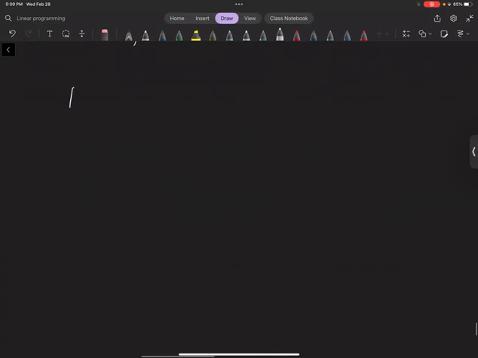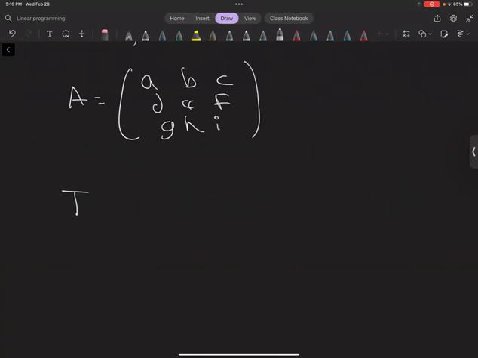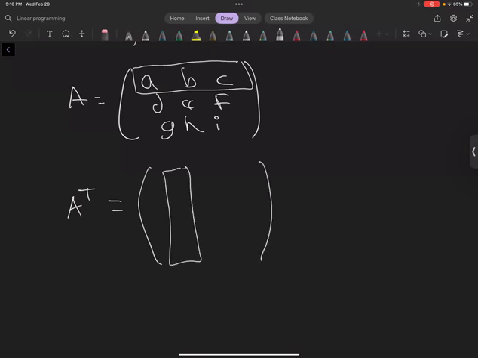So if you have a matrix A, let's say a, b, c, d, e, f, g, h, i. A transpose means whatever is a row, it becomes a column. So this is a column. So now I write a, b, c.